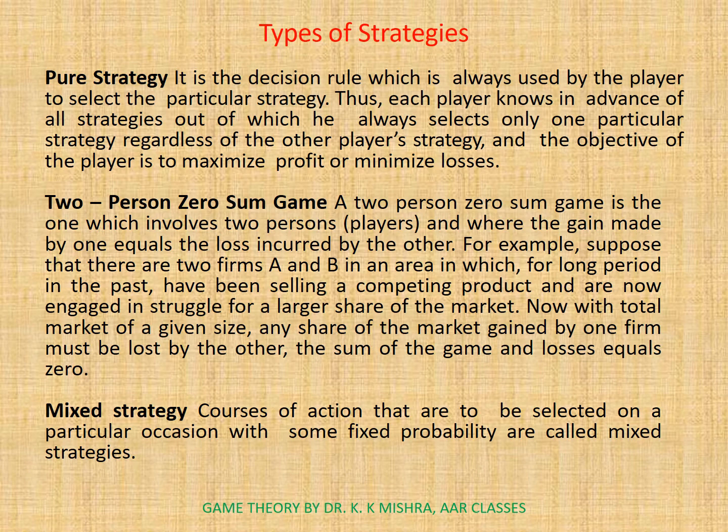Mixed strategy. Courses of action that are selected on a particular occasion with some fixed probability are called mixed strategies. Let me tell you that the mixed strategy case comes up when the pure strategy is not applicable, meaning when there is ambiguity about what party A will adopt.